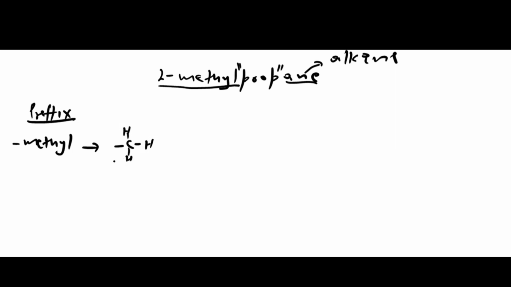Okay, then we have ethyl. So the ethyl has 2 carbon atoms. That is a branch. We say it's a branch chain. Okay, then the one with 3 carbon atoms will be propyl.